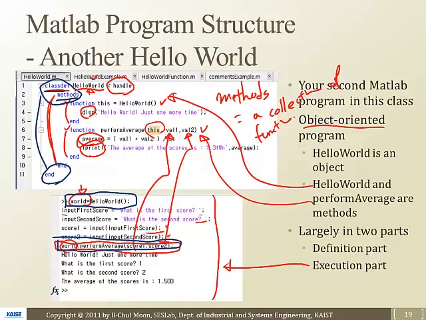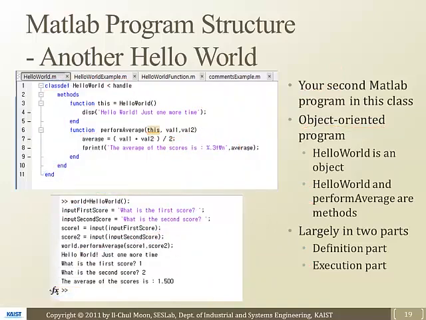So, okay, having said that, why don't you try typing all of these? That's the definition part, okay? Make sure that you store it in hello world.m, in the script editor, okay?